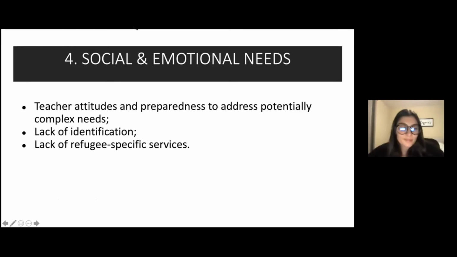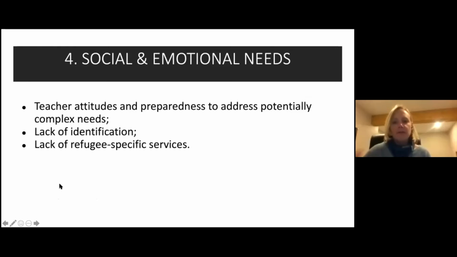Great, thank you, Yasmin. So I'm going to be talking about what we found out about these students' socio-emotional needs. So teacher attitudes and preparedness to address potentially complex needs. I'll be talking about that a little bit.